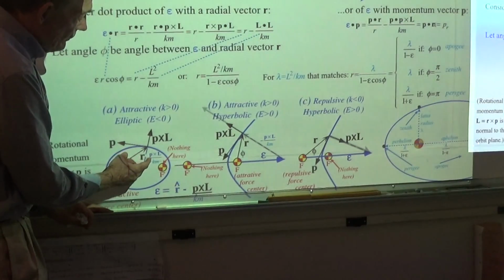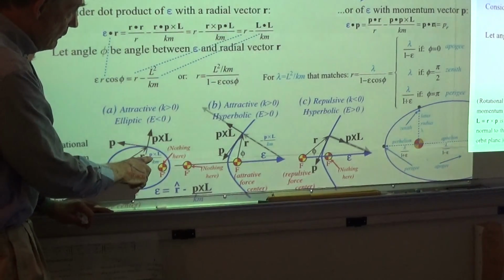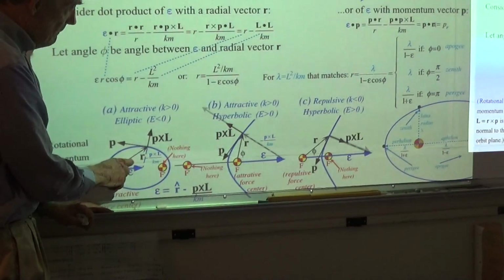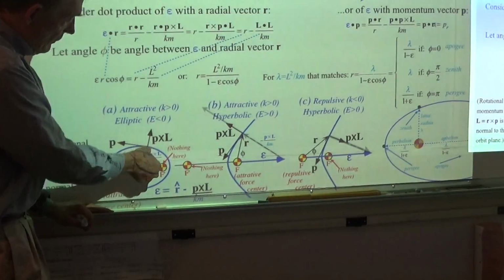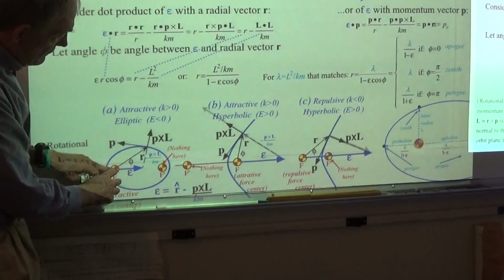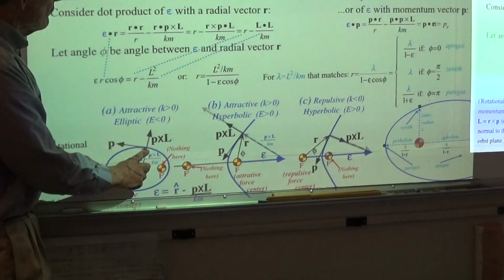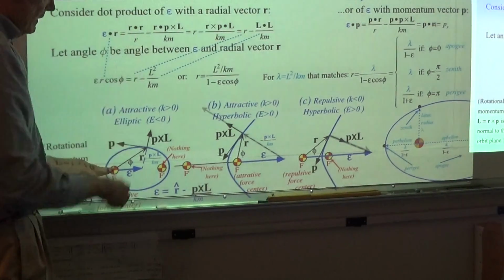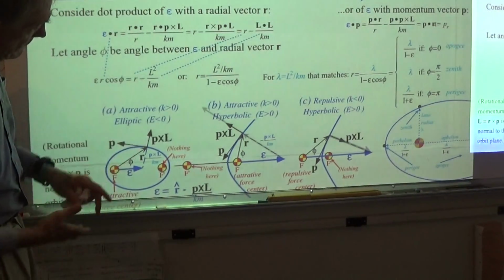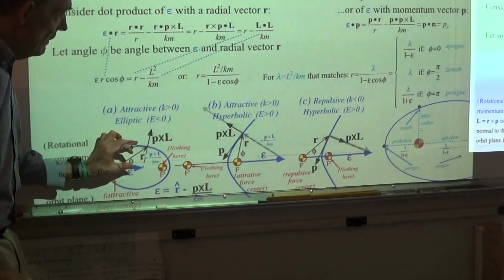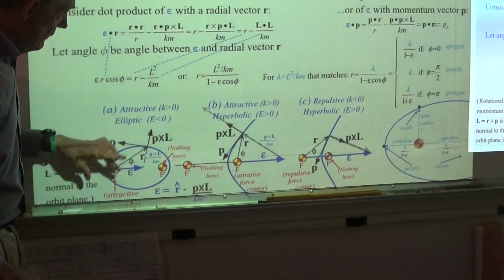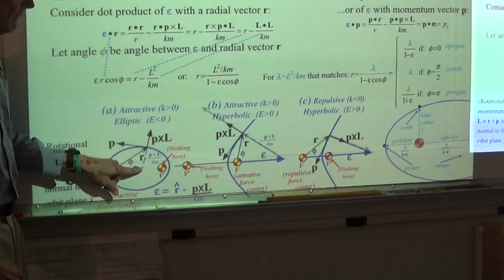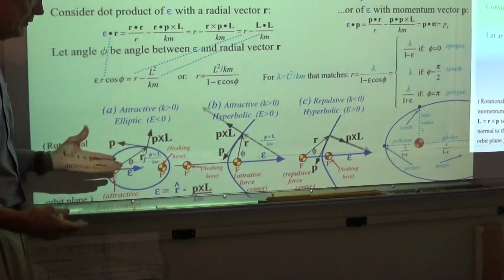And this then would be P cross L with a minus sign there to give us this vector. Epsilon plus that vector would give me the radial vector. So there's the radius, there's the P cross L, and there's the epsilon vector. The eccentricity is represented by a vector that measures how eccentric the orbit is.